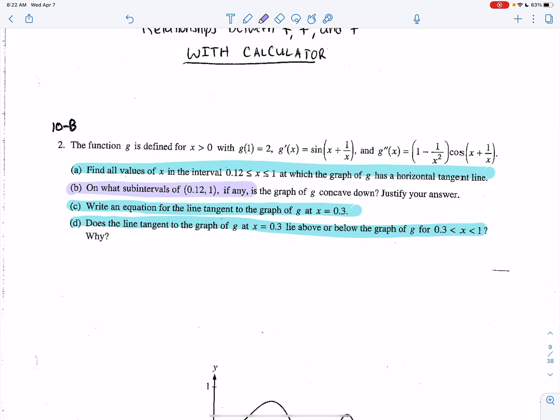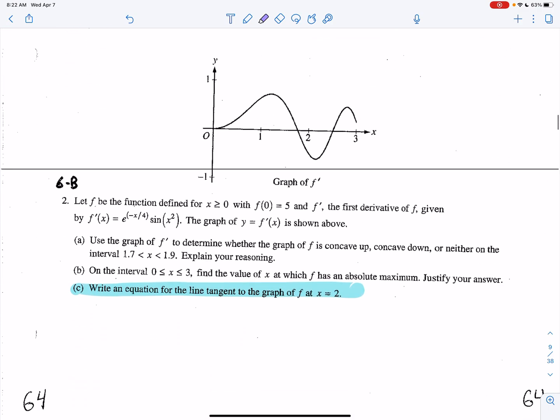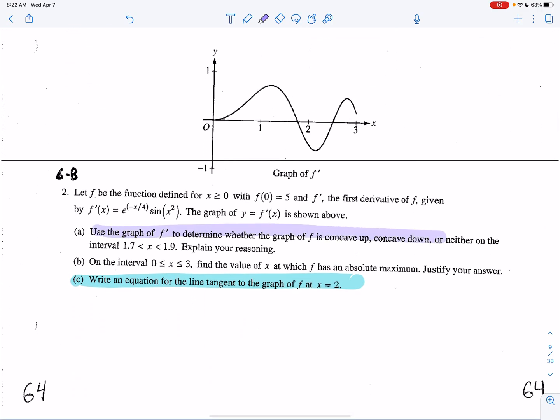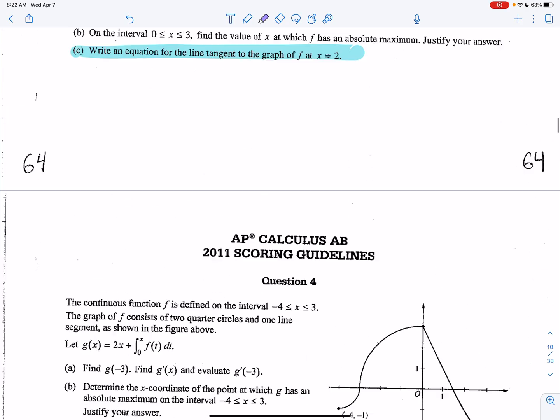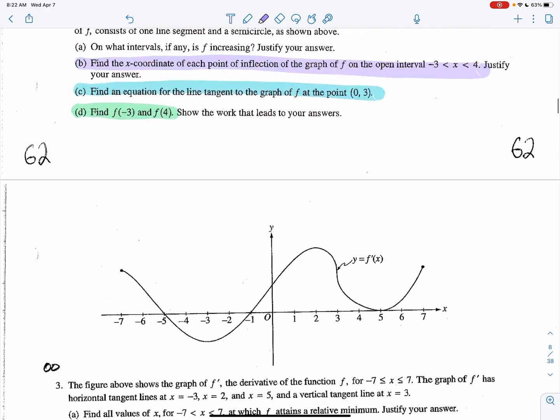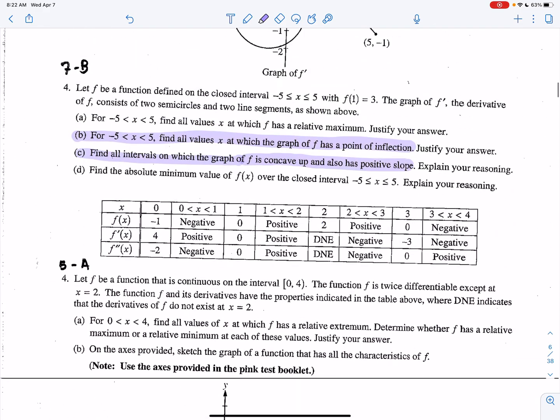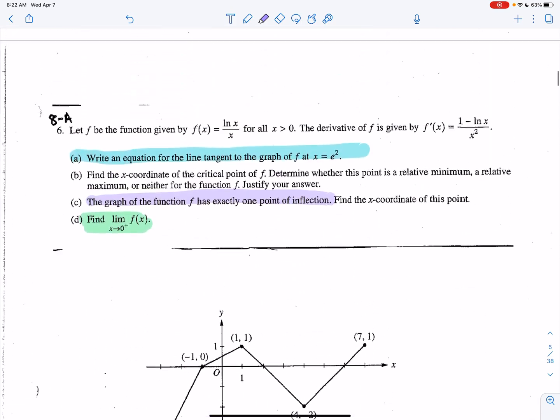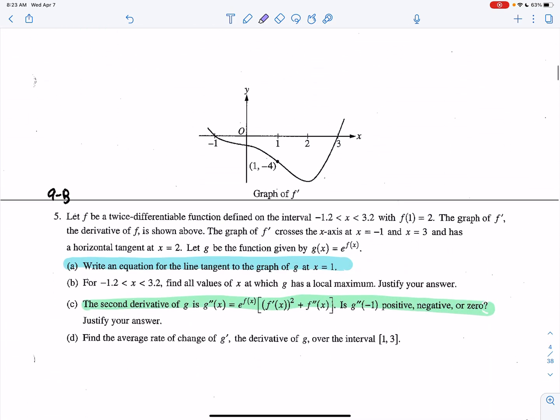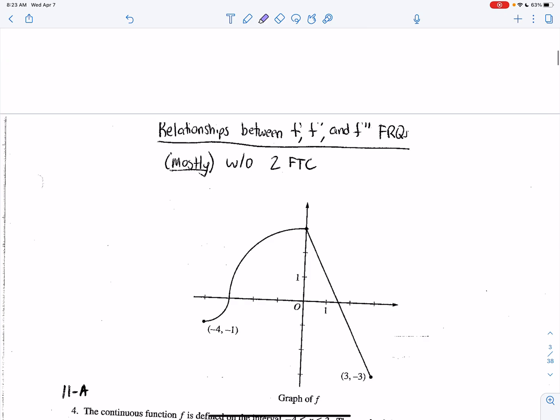And in part B here in 2010, concavity. Here's another concavity question. And that's it. I want to say it popped up in every single section. Okay, maybe not all, but almost all.